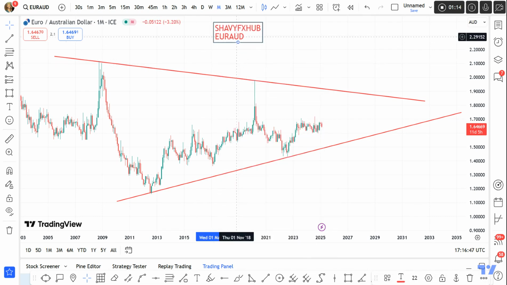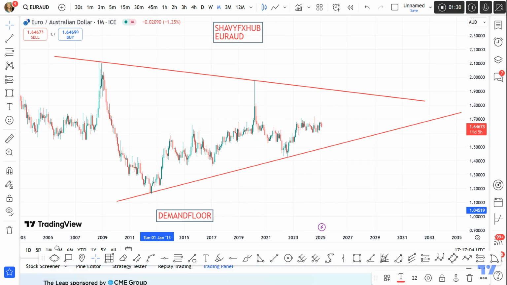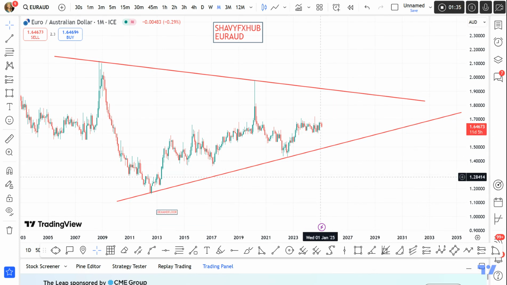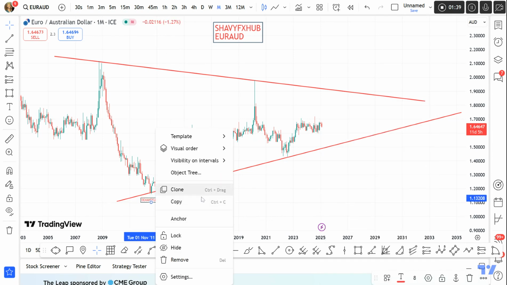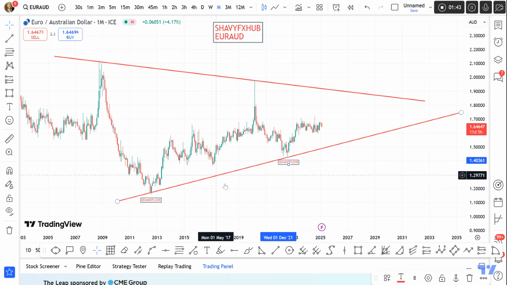So this is my demand floor. Demand floor one, demand floor two, making an ascending trend line.